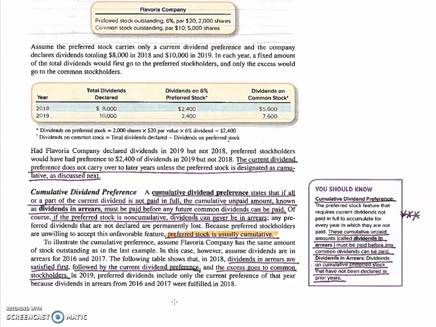Then a retiree comes out and they invest $100,000 in that stock. They're looking for a $3,000 dividend every year. That's the attraction. If they don't get their dividend this year, they don't want it to just disappear. So almost all preferred stock is cumulative.